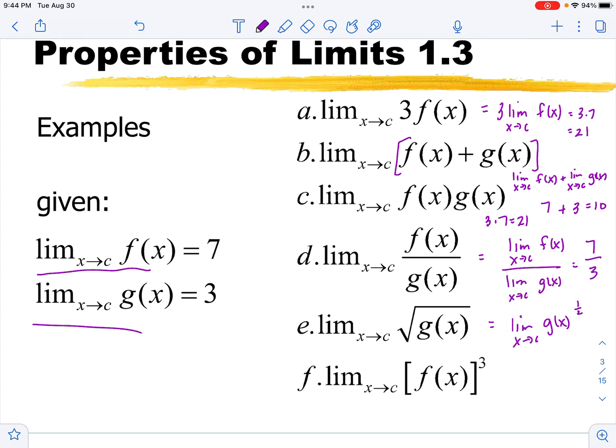So we can actually just replace that. So that would actually be 3 to the 1/2 power.